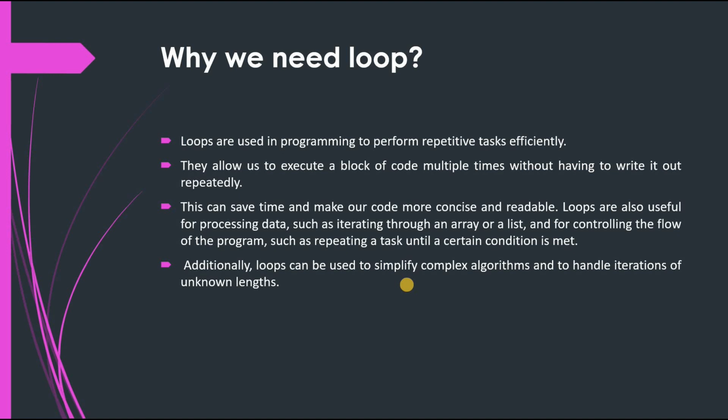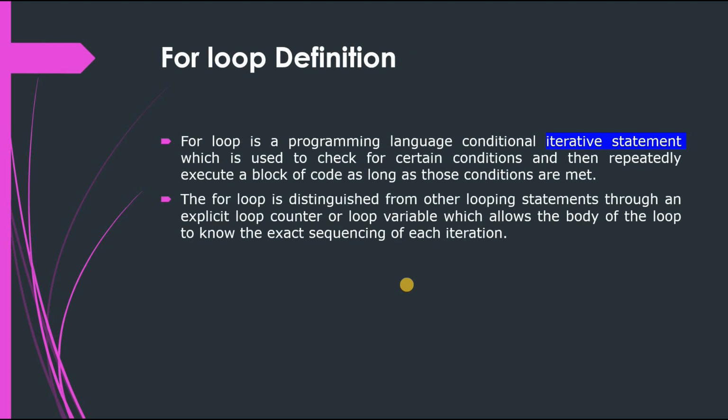If you don't know the output, you cannot predict it. But when we use the loop concept, the loop will execute the code according to the condition. As per the condition, we can get our output. Those are the benefits of using the for loop.